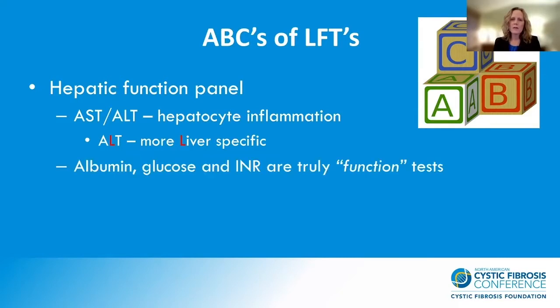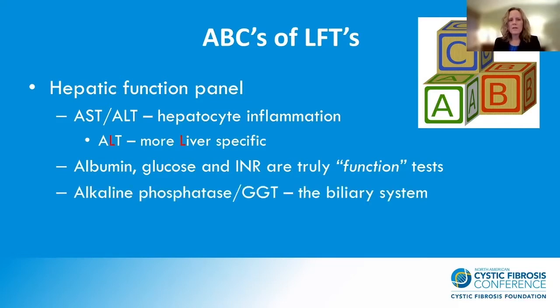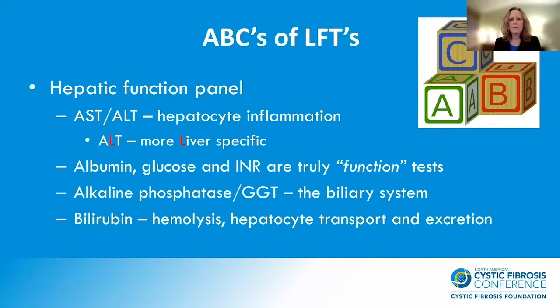Albumin, glucose, and INR are truly the function tests that tell us whether or not the liver is working. Alkaline phosphatase and GGT tell us about biliary damage. And then bilirubin tells us about hemolysis, hepatocyte transport, and excretion.